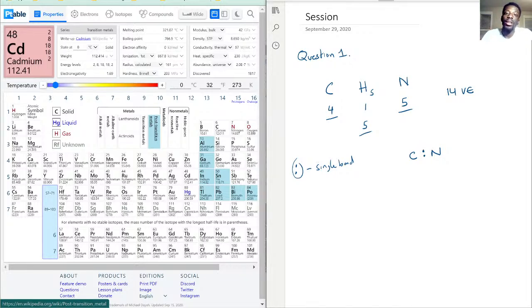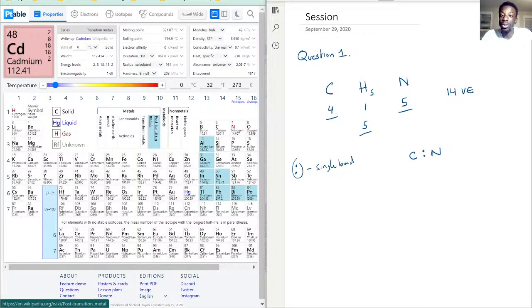Now here, because hydrogen is 5, we can just offshoot and try to throw in as many hydrogens as possible. Because I'm very familiar with this, I have a certain way of doing it. But first, let's do it in a way where we don't assume. So let's say this was one bond here, right? This is counted as 1 of carbon's 4 electrons and 1 of nitrogen's 5 electrons.